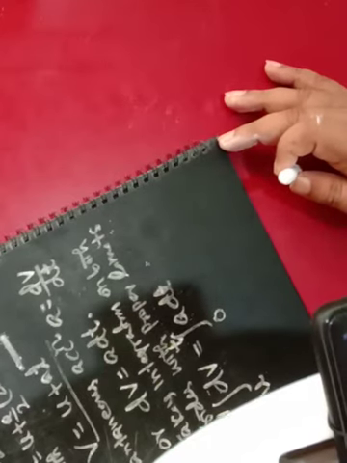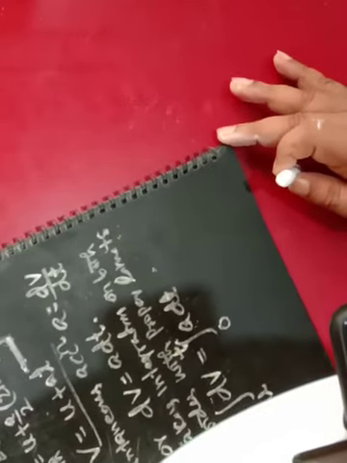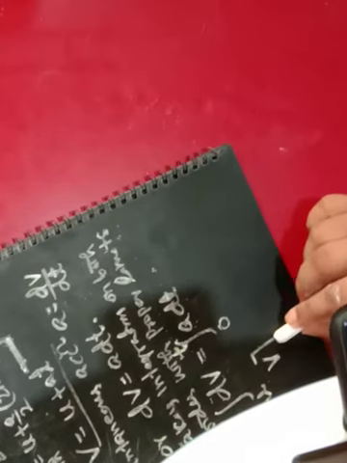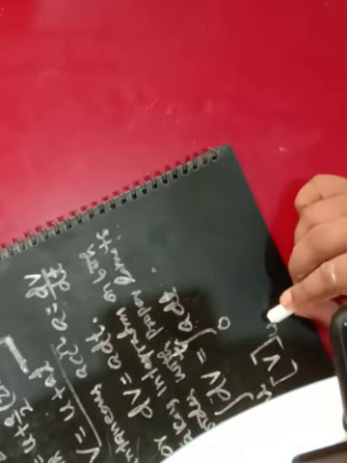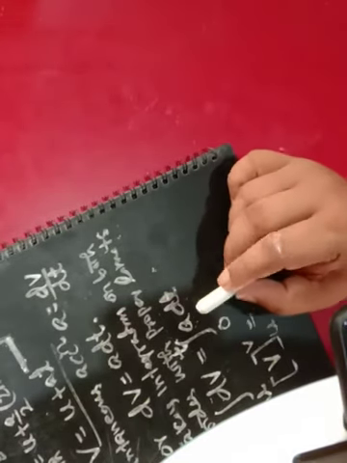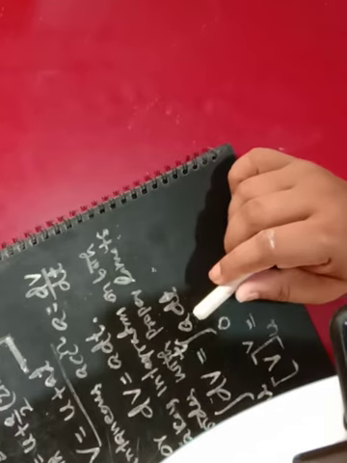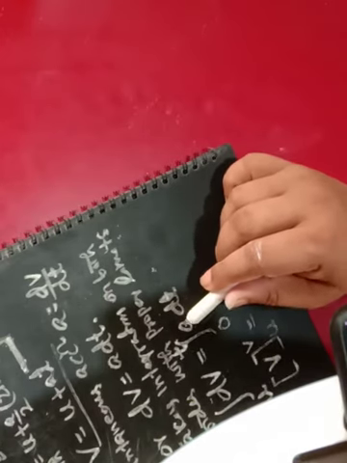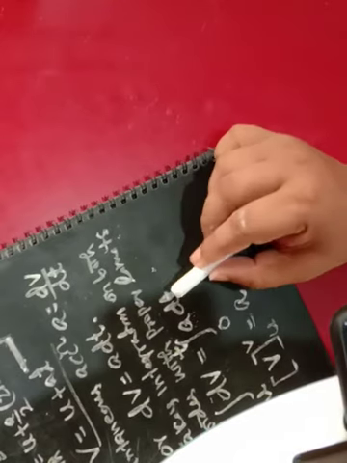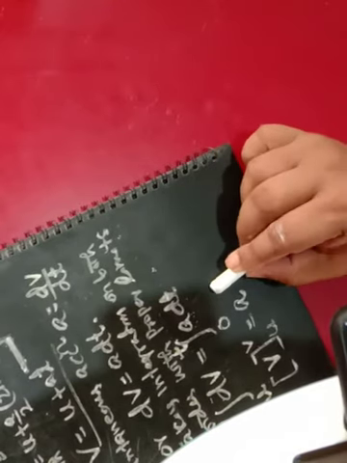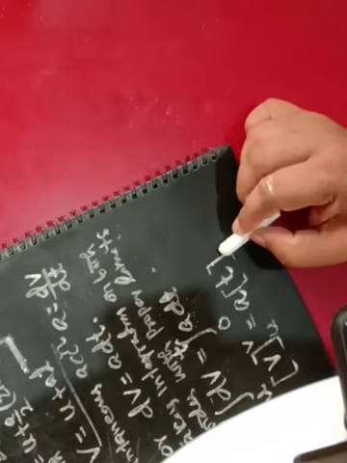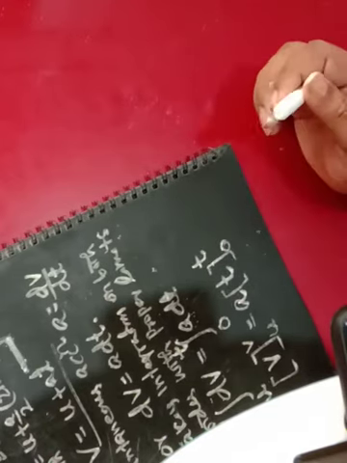Integration of dv is v, with limits from u to v. This equals a, the constant uniform acceleration, which is taken out of the integration, and integration of dt is t, with limits from 0 to t.